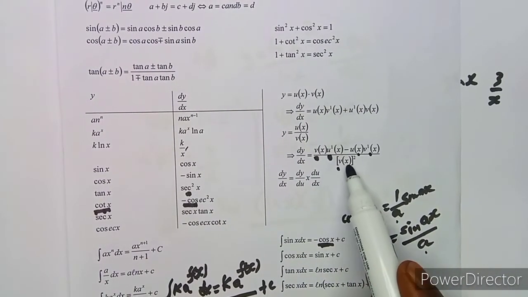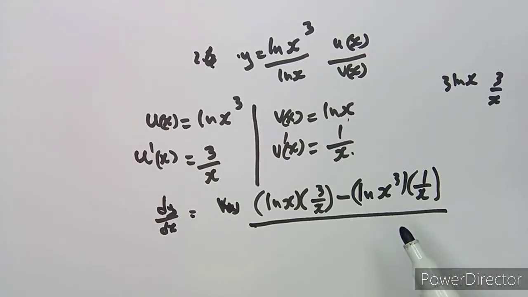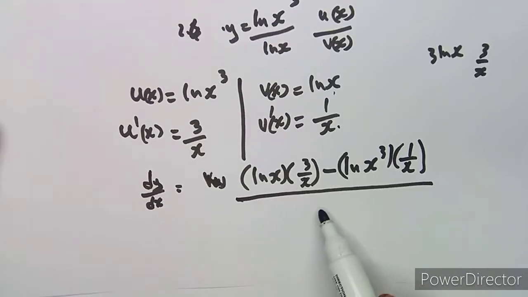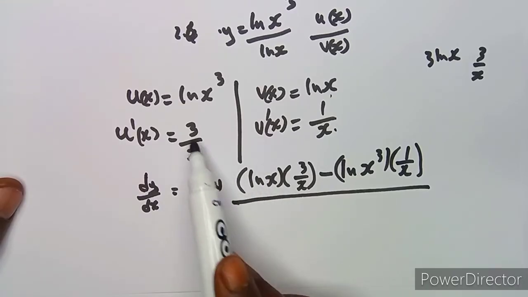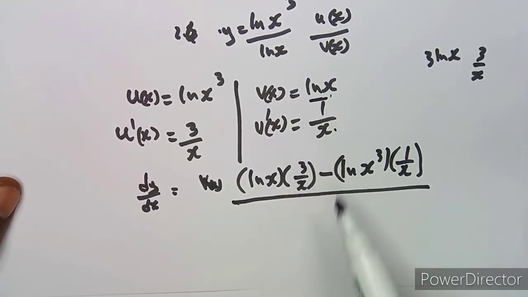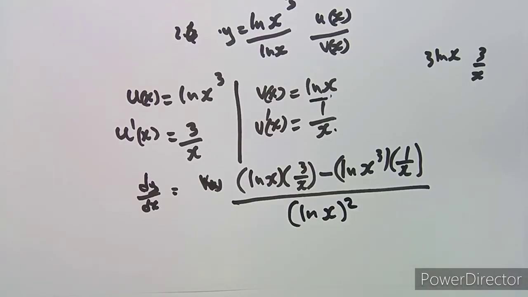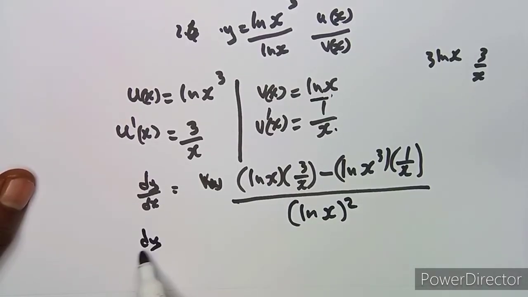Take note, this is v(x) squared, and our v(x) in this case is ln x, so it's ln x squared.